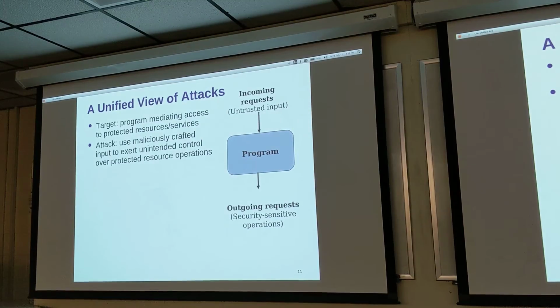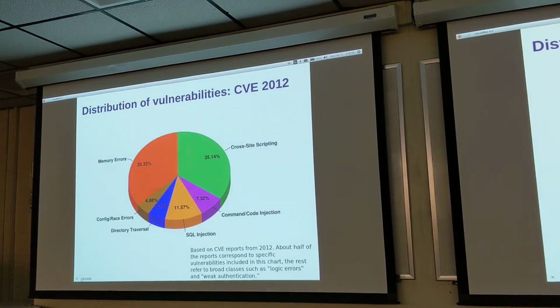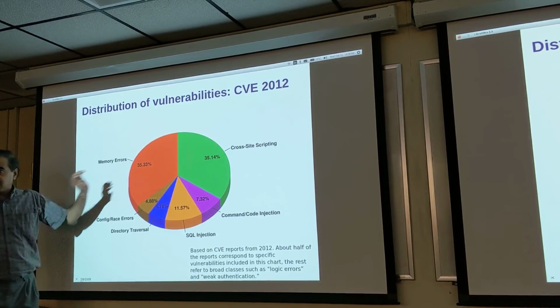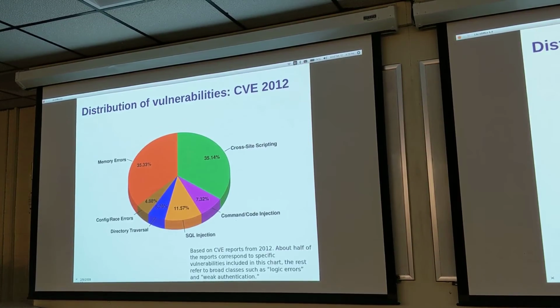So the interesting thing is that all of these fall under the category of input validation errors. Even in the case of the memory corruption exploits that we have talked about so far, there is some input coming from an untrusted source, and that input is not properly checked, and that's why it ends up, say, overriding a return address.